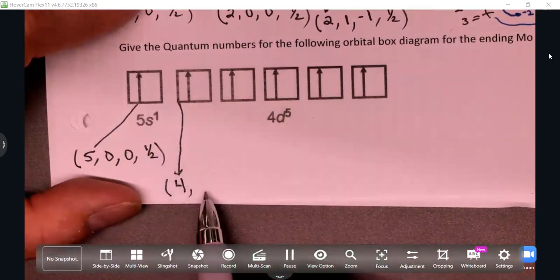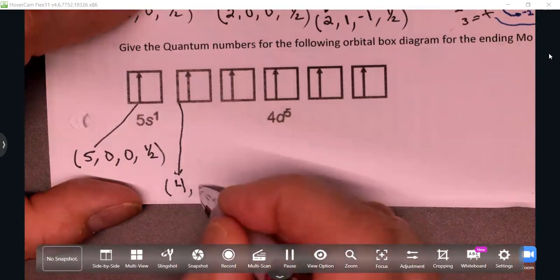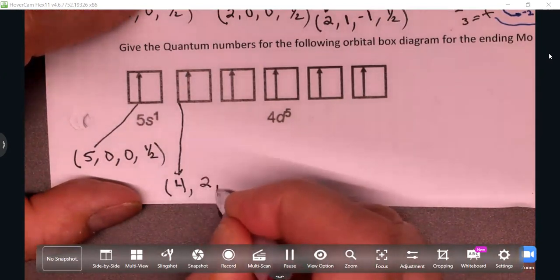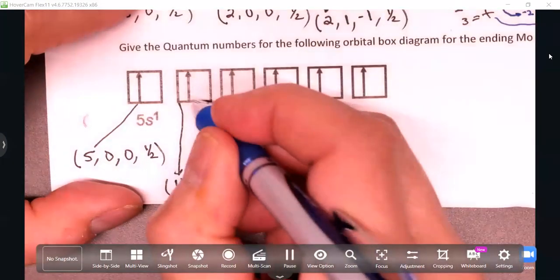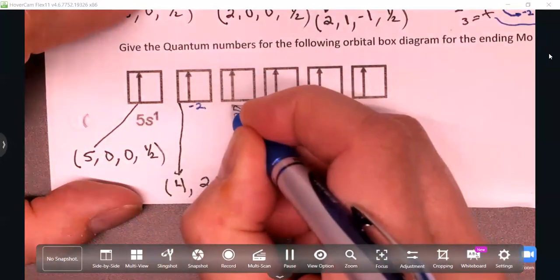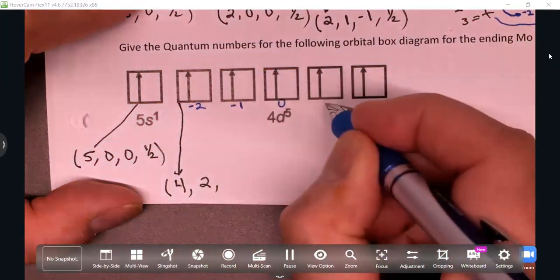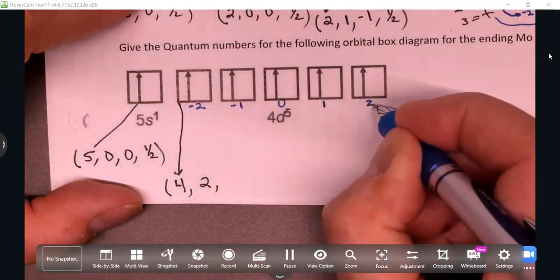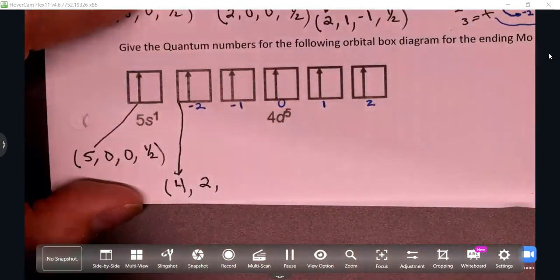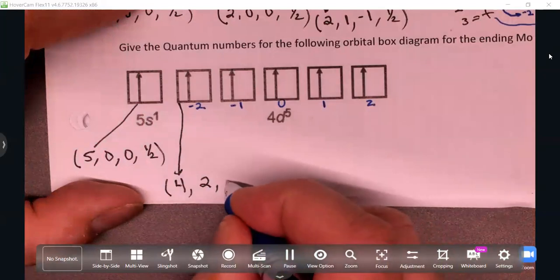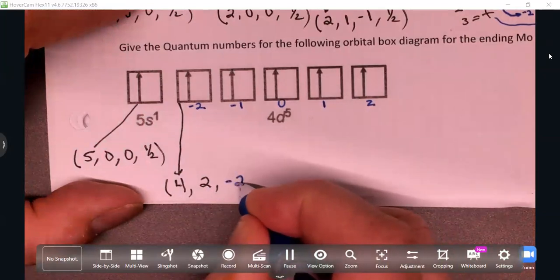The next number, 0 for S, 1 for P, 2 for D. 2 for D. And then we could label these -2, -1, 0, 1, 2. So the only number that is going to be different is what orbital it's in, right?